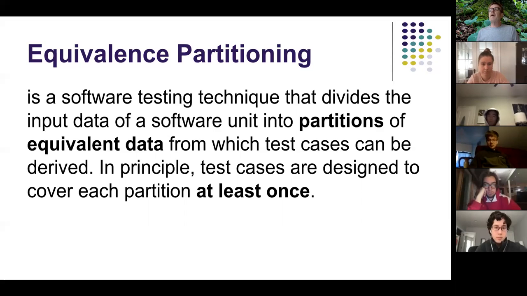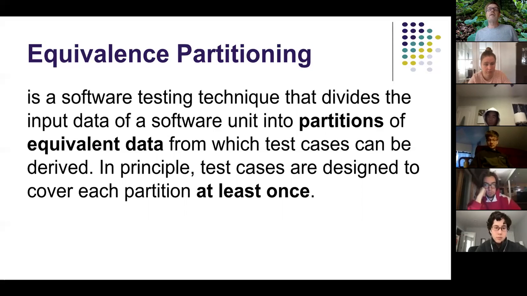Now, this is a very mathematical concept when we talk about equivalence partitioning. It's the idea that we have a set of data, but we can break it up into partitions. We can slice it up into pieces, and within each partition, all of the data is essentially the same. It's going to achieve the same results in the code.